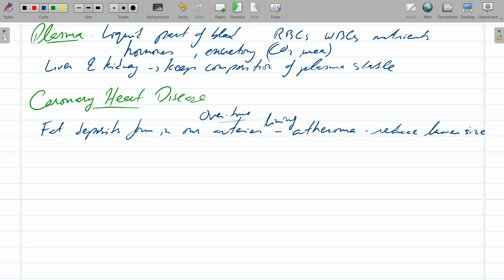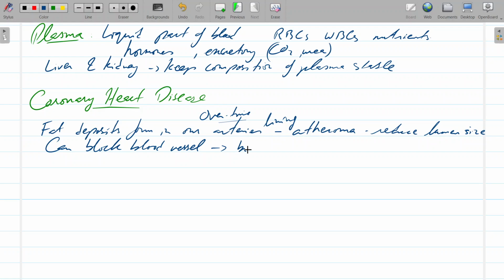And so they can sort of build up and join up to effectively completely block a blood vessel. What that would do is obviously starve the area that the blood vessel is supplying, and in particular, it will starve it of oxygen.